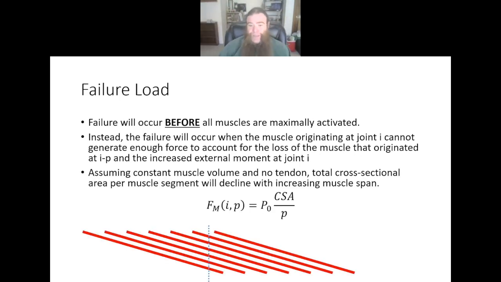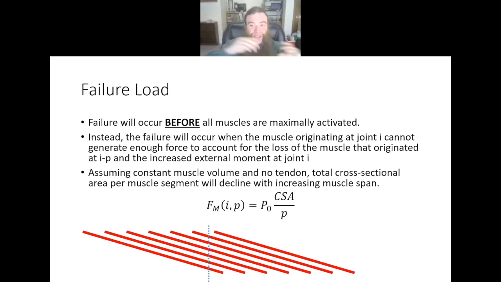So, if we assume that the snake has a constant muscle volume, which we have to, because otherwise, if I have more span in the same cross-sectional area, then the snake is just getting stronger and stronger and thicker. So that's not really a fair comparison. Instead, we're saying, okay, the snake has a certain muscle volume, a certain cross-sectional area per joint, and it's distributing this differently. It's either having all of that cross-sectional area in one joint and it's monoarticular.